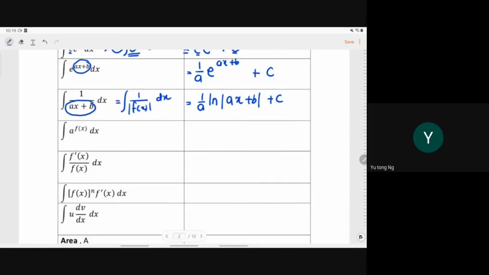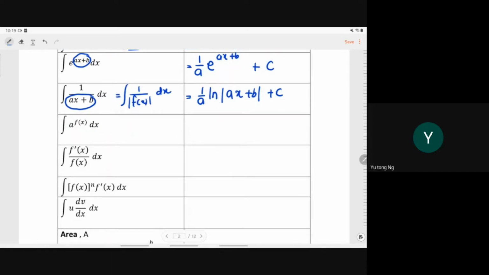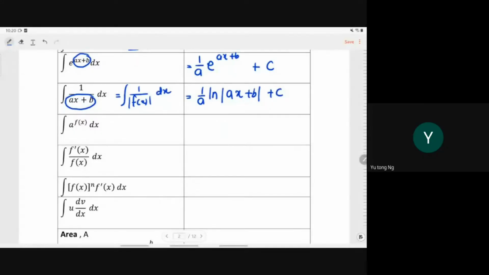What about if you are integrating a to the power of f(x) dx? That one will become a^f(x) over f'(x) times ln a, plus c.